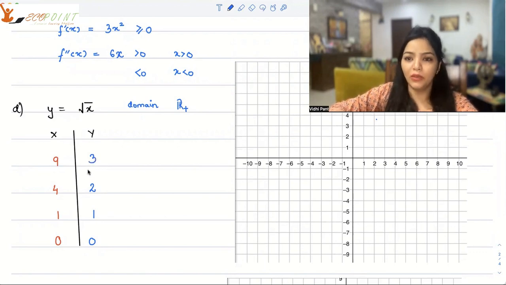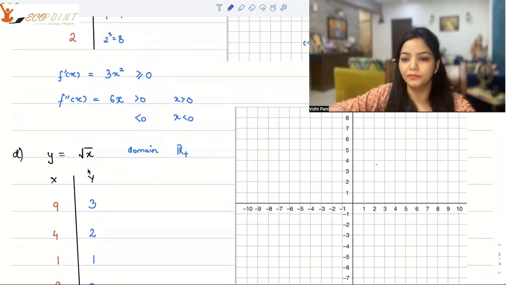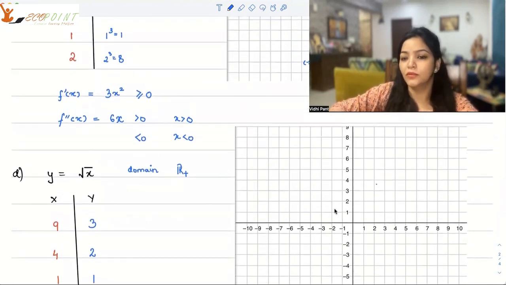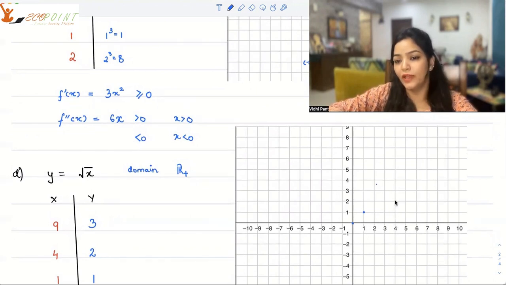So for 0, it's 0. For 1, it's 1. When the input is 4, the value of the function is 2. When the input is 9, the value of the function is 3.